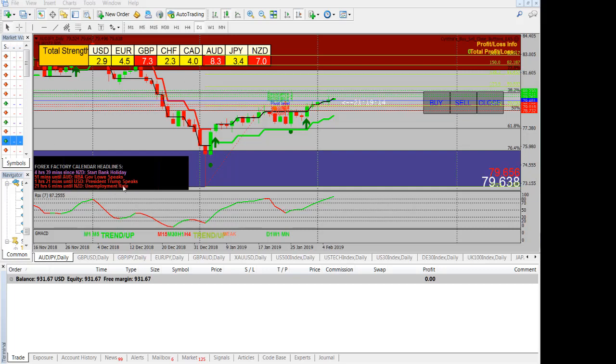So that's the Forex Factory calendar headline. It explains a lot about what's coming up in the next hour, hour and a half, even though the currency strength meter is reflecting sentiment right at the moment. And so right now the sentiment is that the New Zealand dollar is very strong, the Aussie dollar is very strong, the yen is very weak.